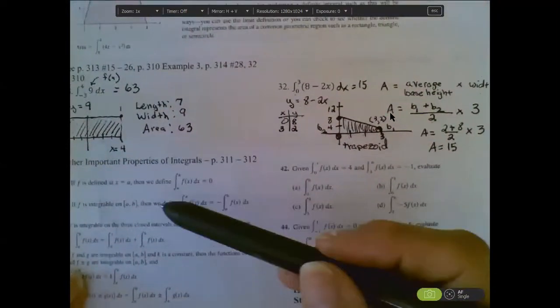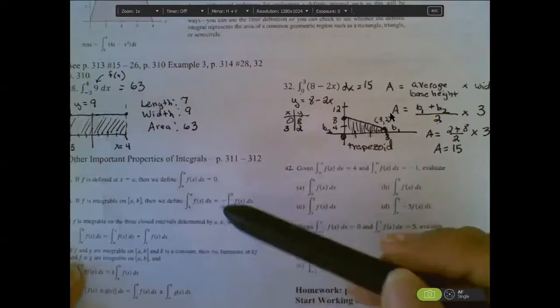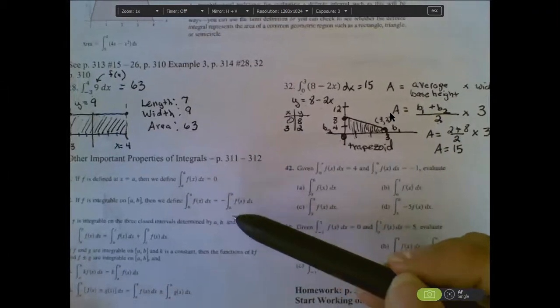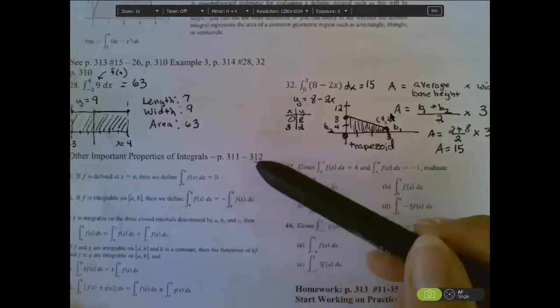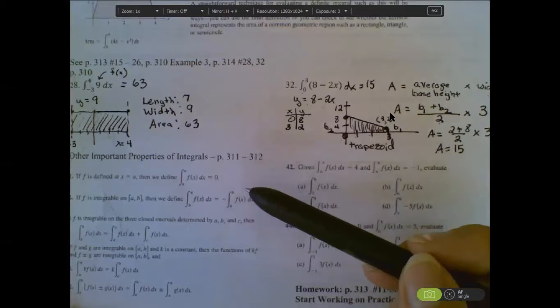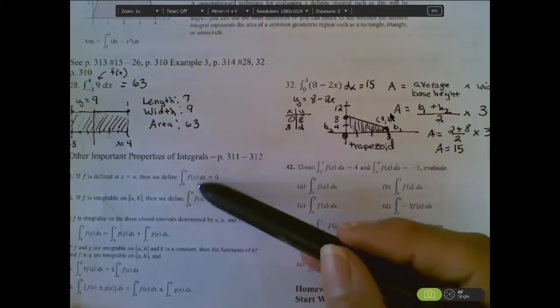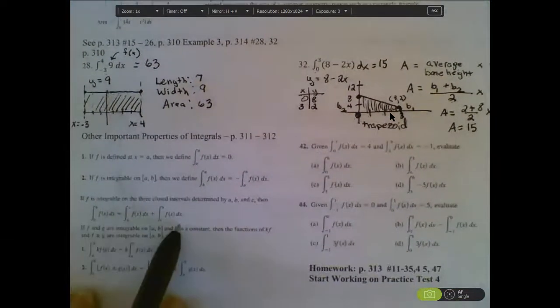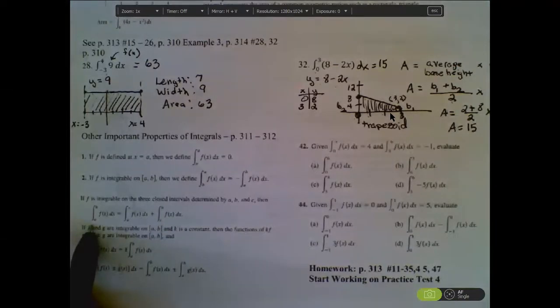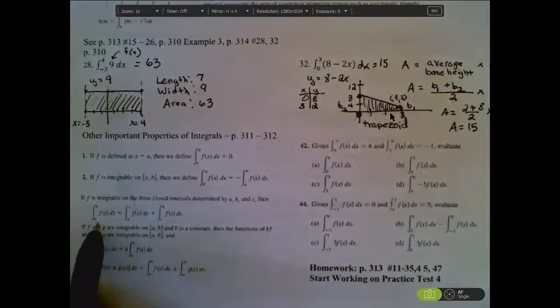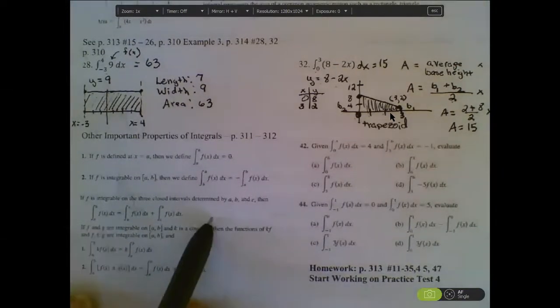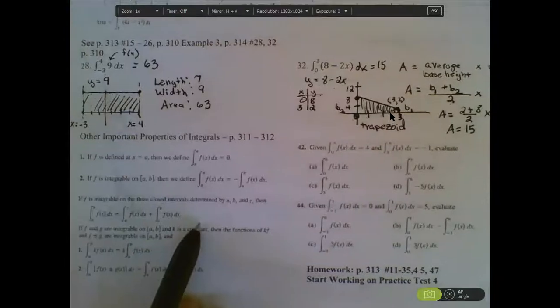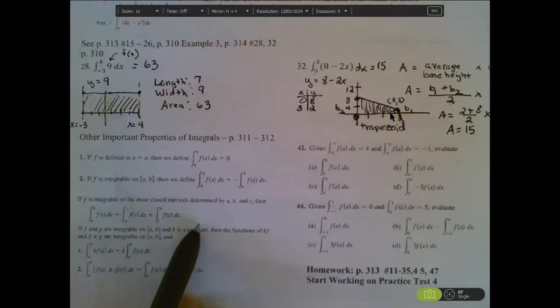When I integrate from a to b, I get the opposite of what I would if I integrated from b to a. And this property just says you can evaluate definite integrals term by term. Just like we could differentiate term by term, we can integrate term by term.